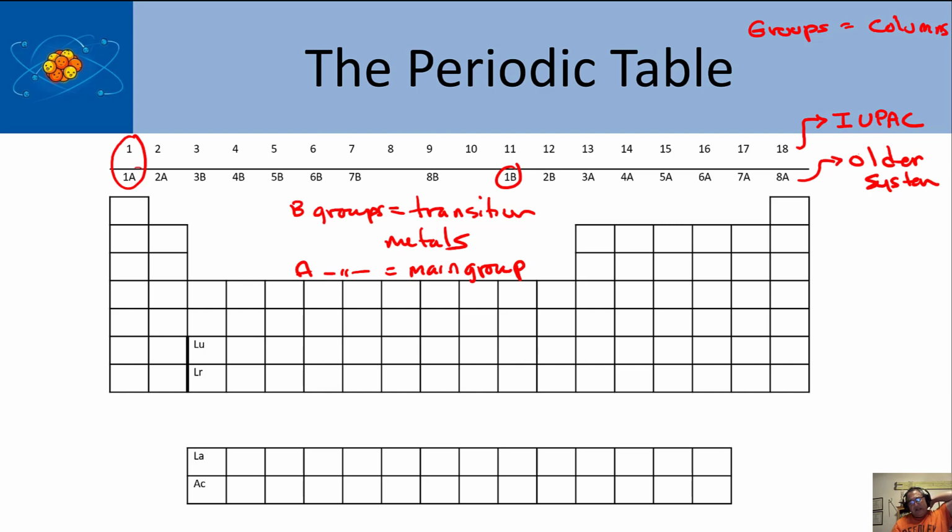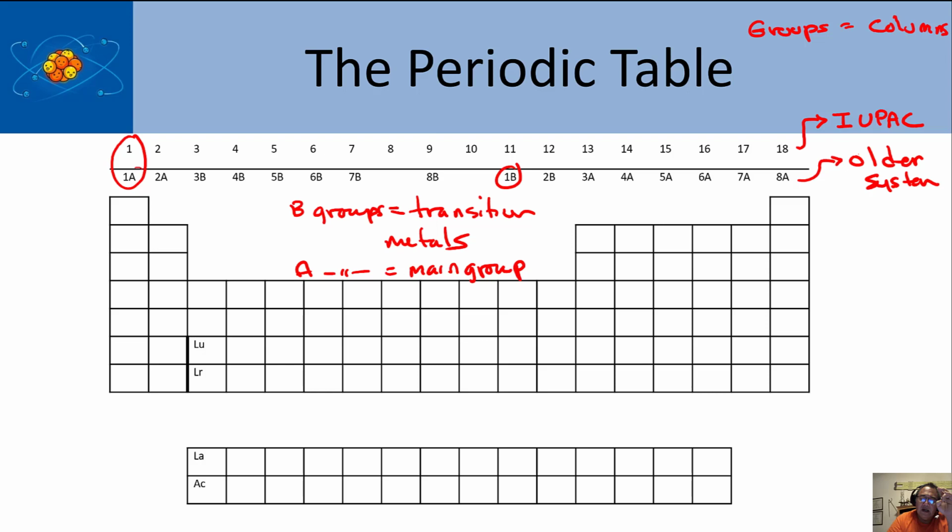The reason for that originally was that the A group seemed to go together, and the B group sort of just was in the way in the middle. It's kind of the transition. That's where it gets its name. It's like a transition between the two sides of the A group. Okay, so we have groups. Those are columns. We have the IUPAC system, and we have the older system. I don't even know if it has a name, really. Maybe traditional system, but it's not an official name as far as I know.